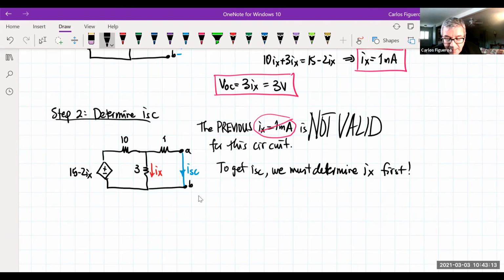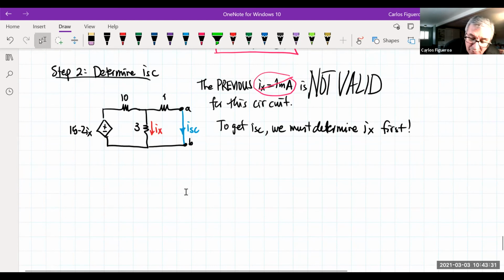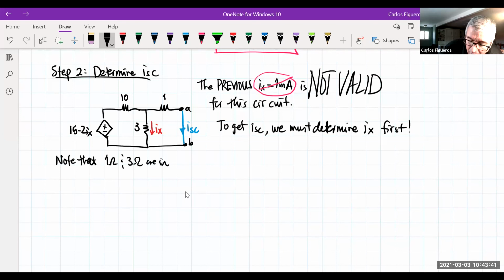The first thing that I would note is that 3 and 1 are in parallel. Now you could do mesh, but my goal here is to show you different things here. The first thing that I would note here is that 1 and 3 are in parallel.